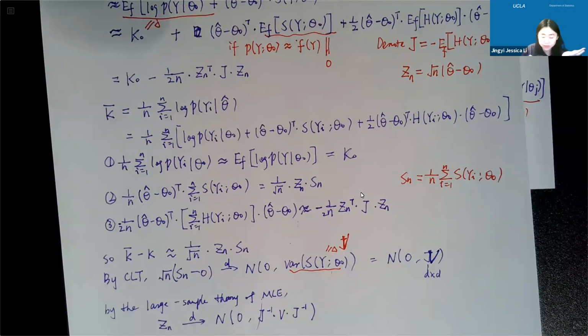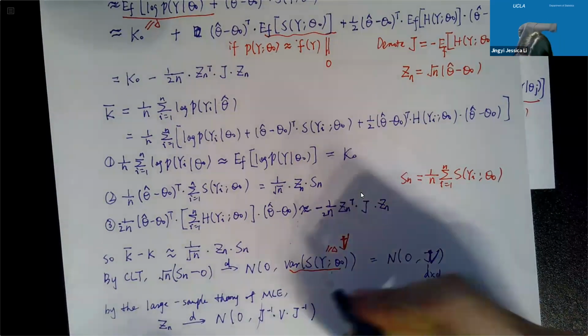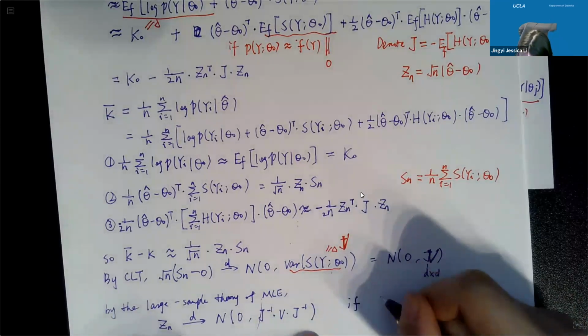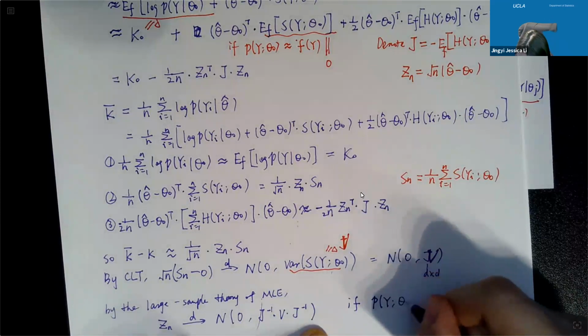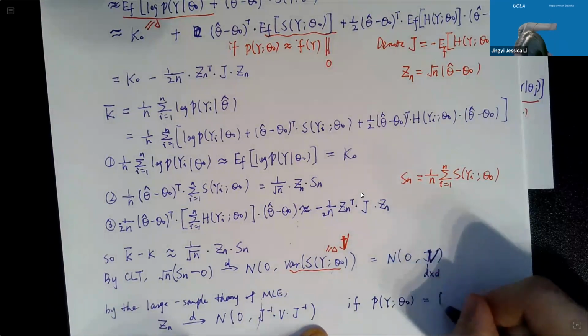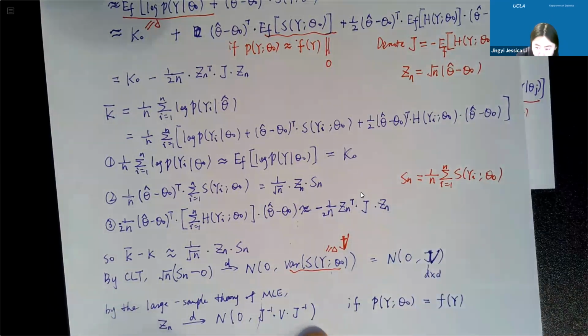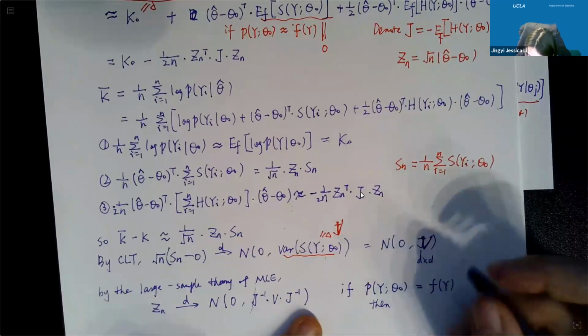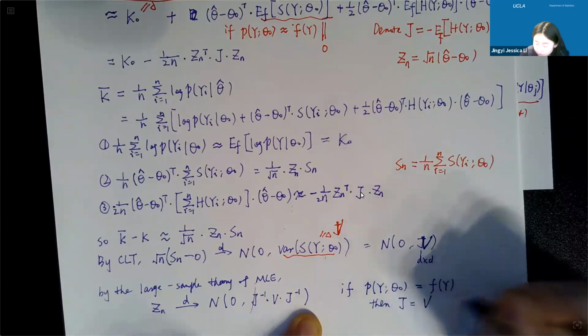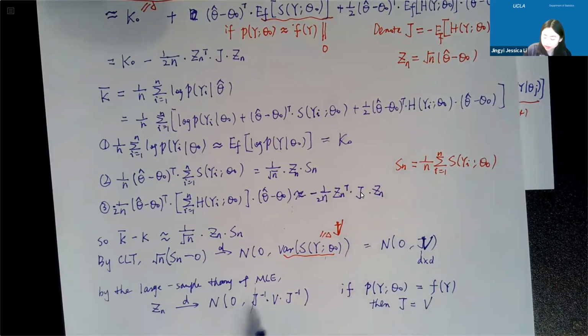So what happens is that if the probability density function of Y under theta 0 is exactly equal to the true density f of Y, then we know J is equal to V. Therefore, in that case, we can cancel J inverse with V, and we're left with J inverse.